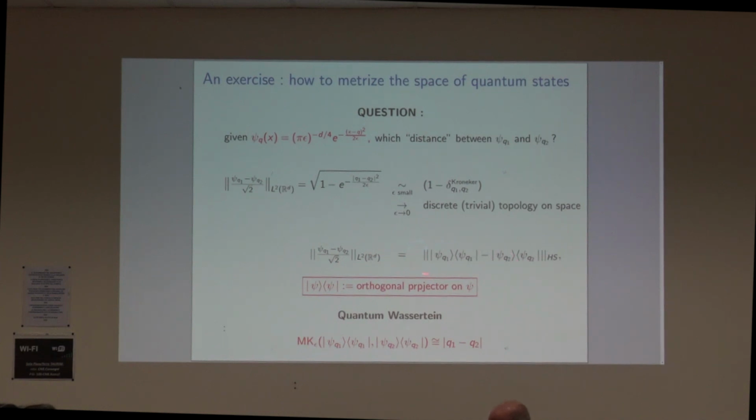And I want to emphasize this notation because I cannot avoid using it. It's a very quantum notation, but it's impossible to avoid. It is due to Dirac. By this symbol here, I mean just the orthogonal projector on the vector psi. So this is just a notation, but it's extremely practical.